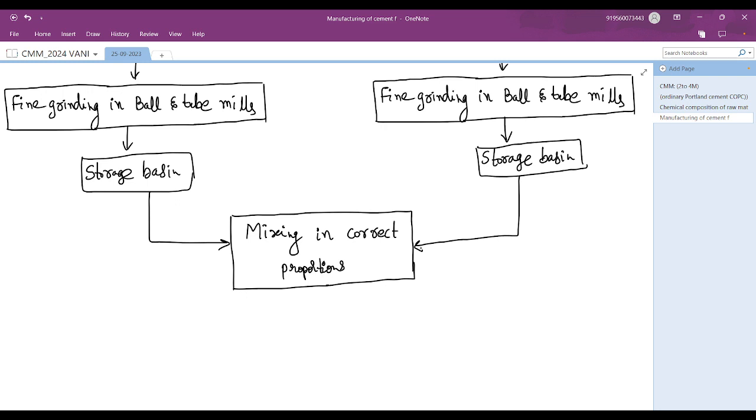After mixing in the correct proportion, the raw materials, or you can say raw ingredients, are preheated by exhaust gases. Preheating has to be done before taking them into the rotary kiln. Preheating is required, and only then is the correct proportion sustained.